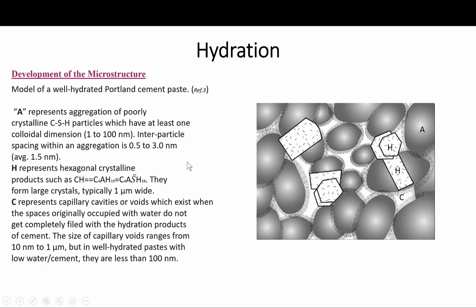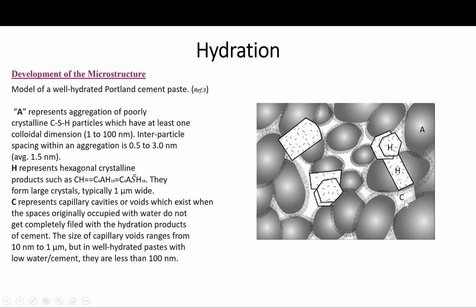The H here represents the hexagonal crystalline products, such as the calcium hydroxide, the calcium alumina hydrate phases, and the calcium aluminate sulfate hydrate phases, or any form of this. They form large crystals, typically 1 micrometer wide.